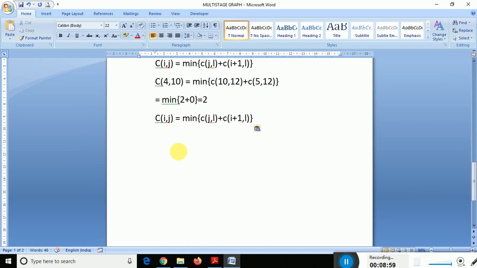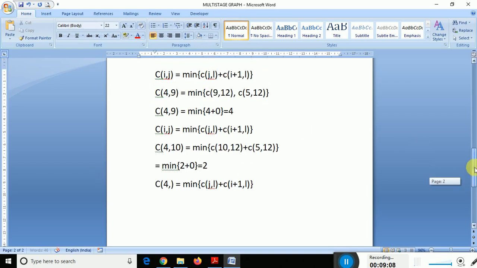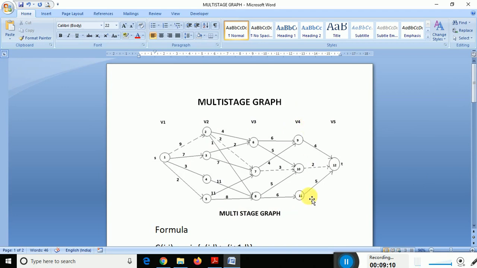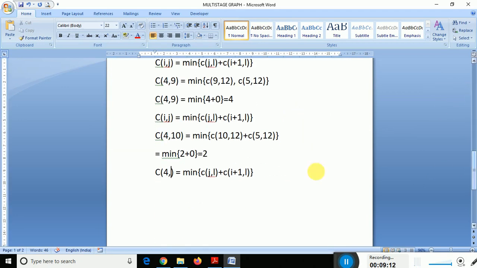So 4 comma 12: the stage is 4, and the vertex is 12. Here also the J value will become 12. Out degree of J is what?